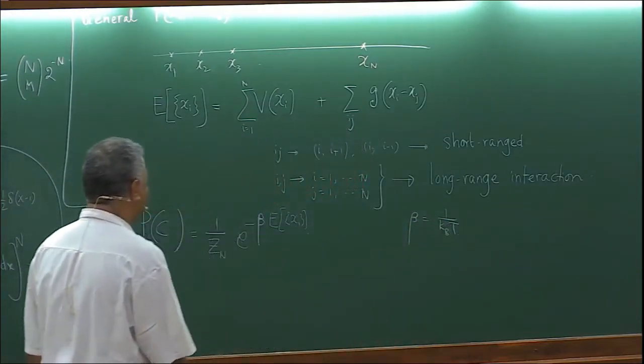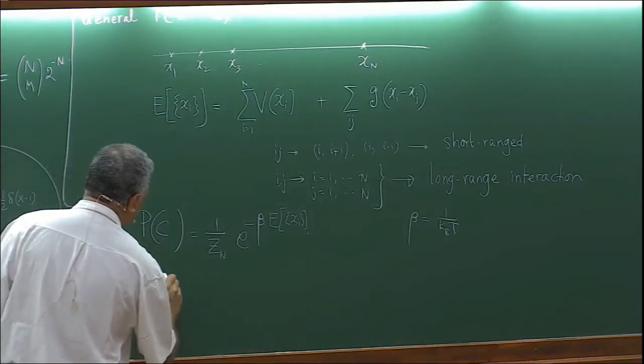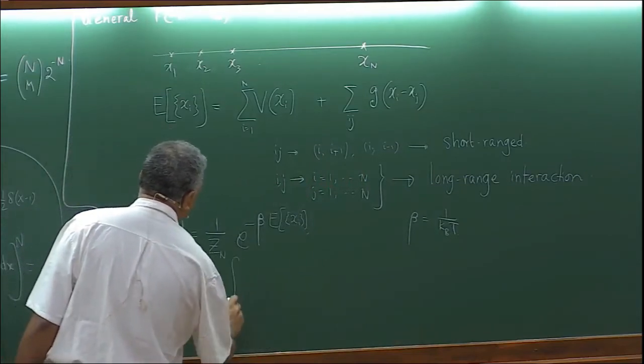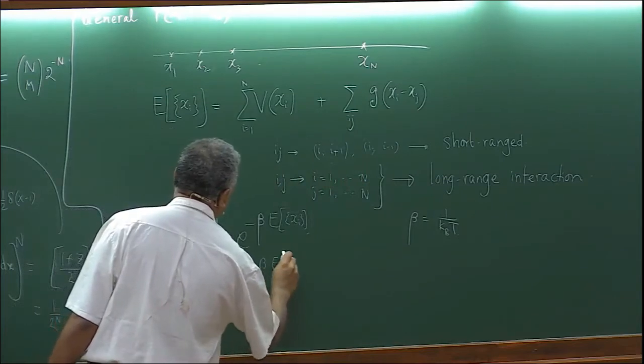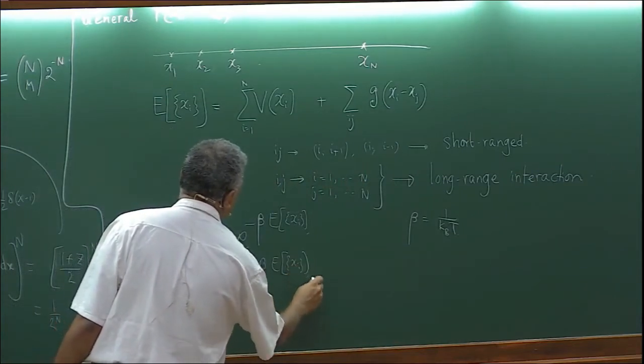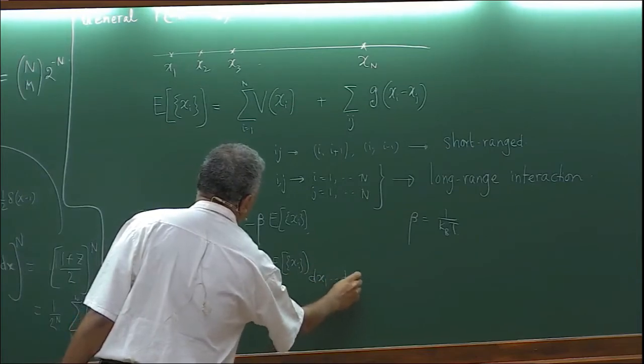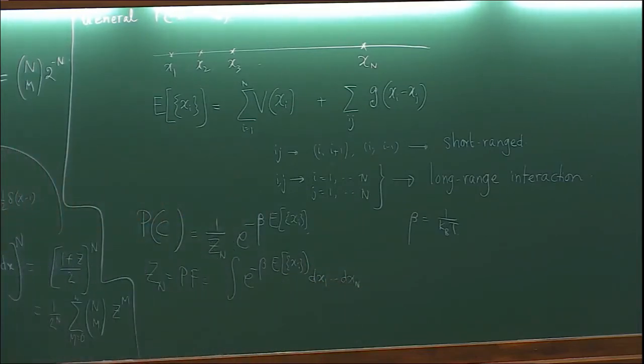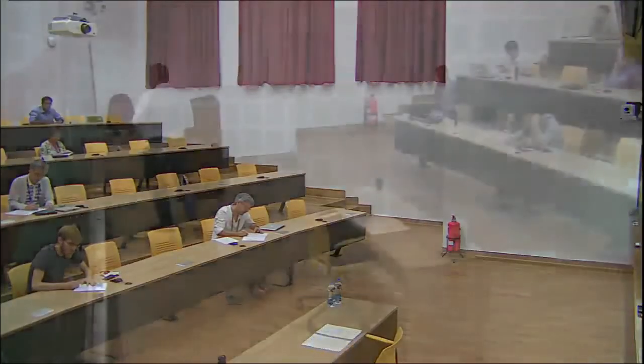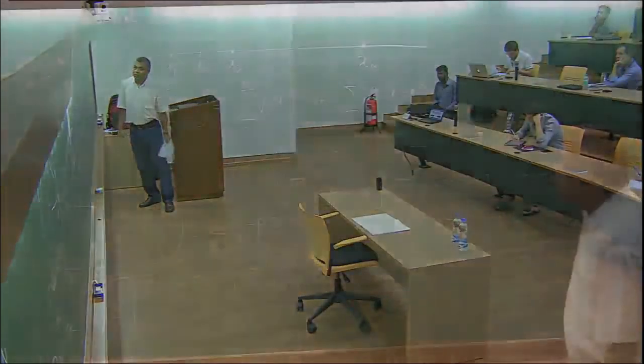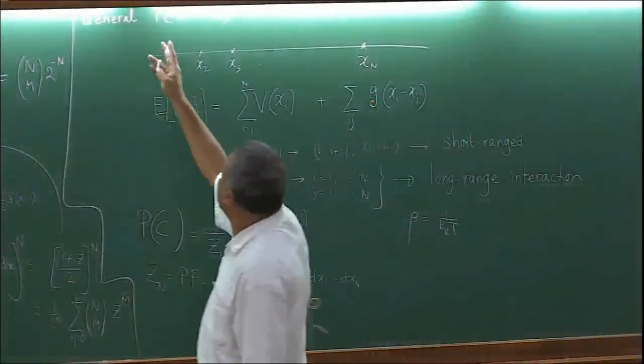So this is the Boltzmann distribution, and Zn is the partition function, which is just this integral. So Zn just normalizes this probability distribution, and I'm assuming that V, the potential, and G are such that this integral exists, that this is normalizable. So once you have that, you see this is a particular example of this general P of xi.